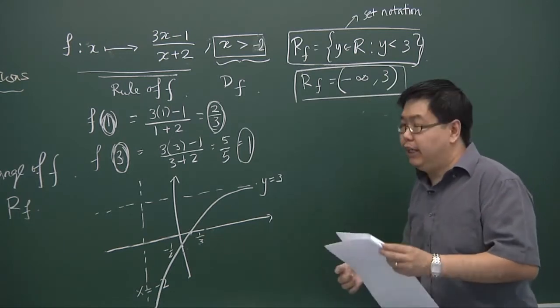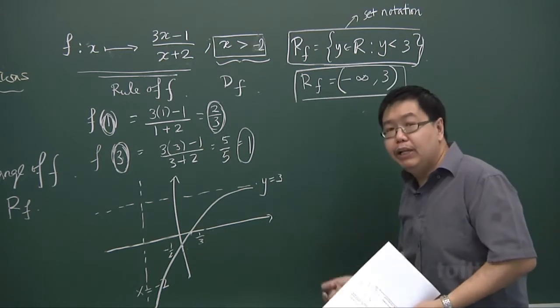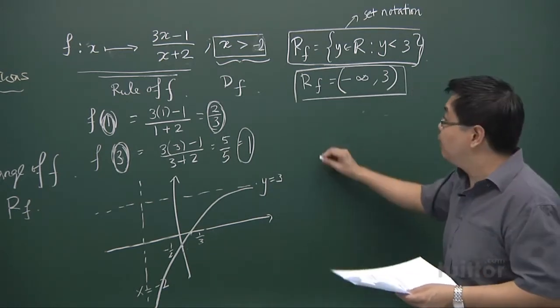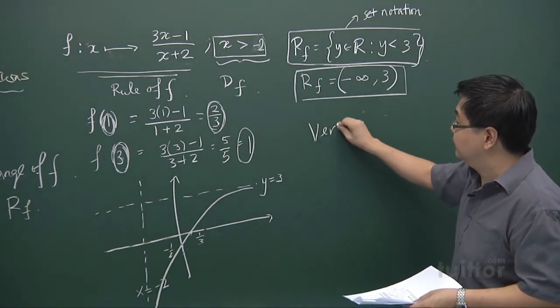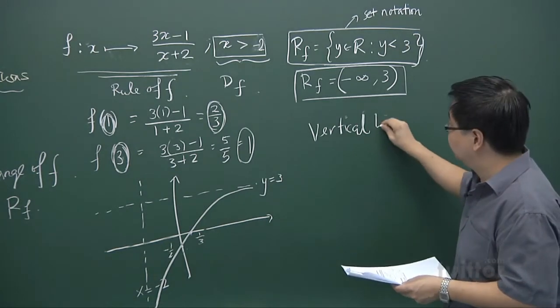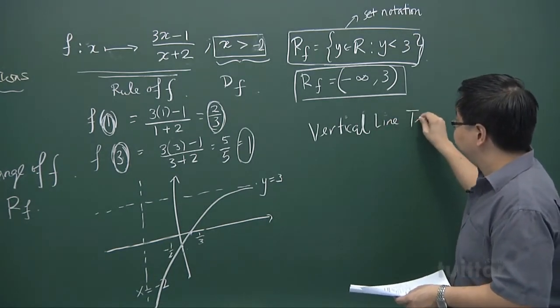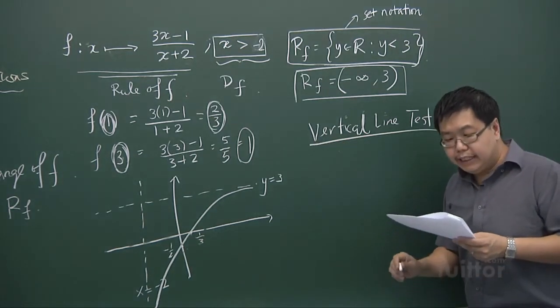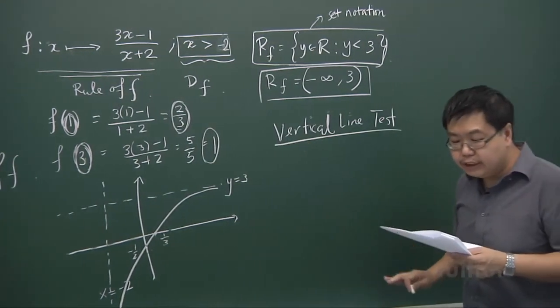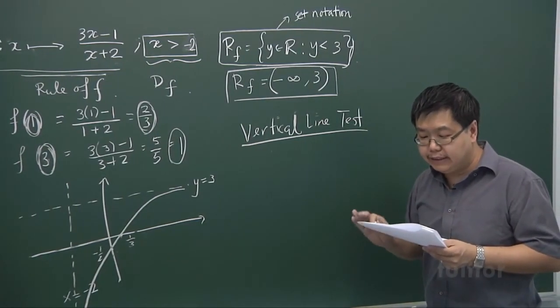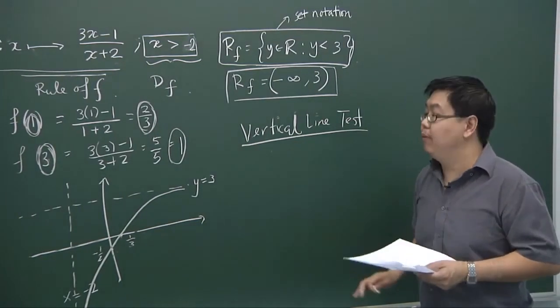Now, how do we check whether a particular relation or rule is actually a function? We use something called the vertical line test. Now, you turn to the next page of your handout, vertical line test. It says that a relation is a function if any vertical line cuts its curve at most one point.